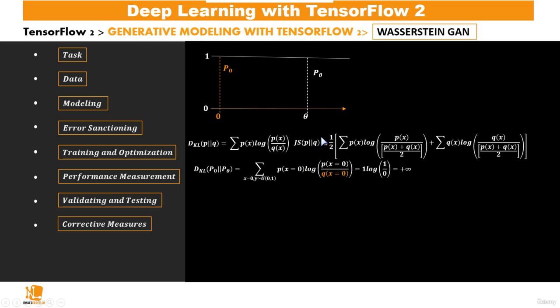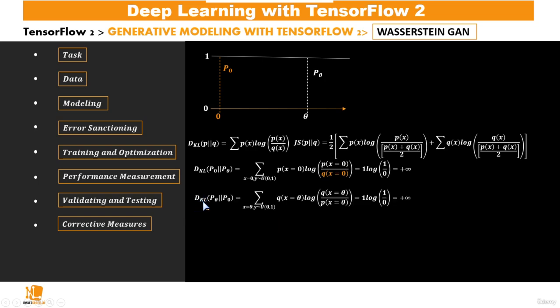That gives us 1 log of 1 divided by 0, which is infinity. That's exactly what we got in the paper. Now we also have that when this theta is equal to 0, these two distributions overlap. In that case, we'll obtain a value of 0 right here, since we shall have 1 log 1, which will become 0. Now we move to the next.